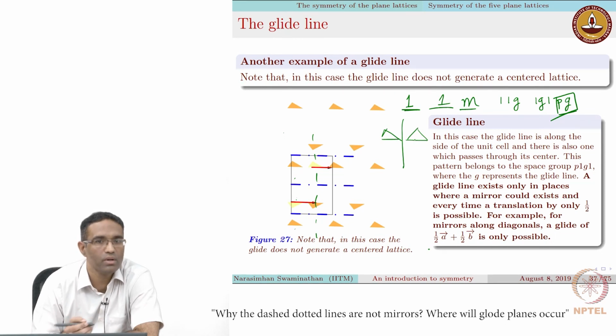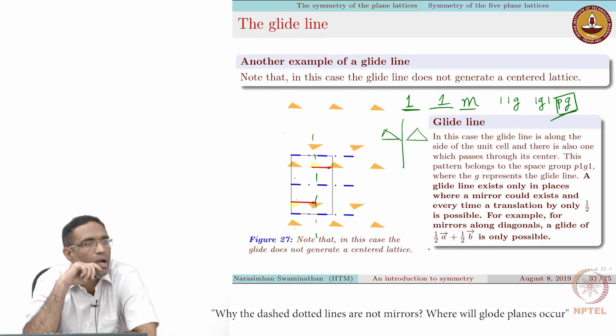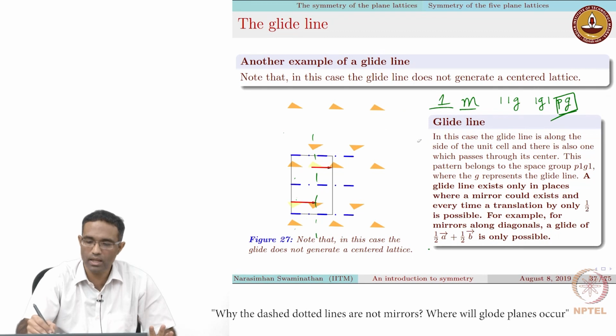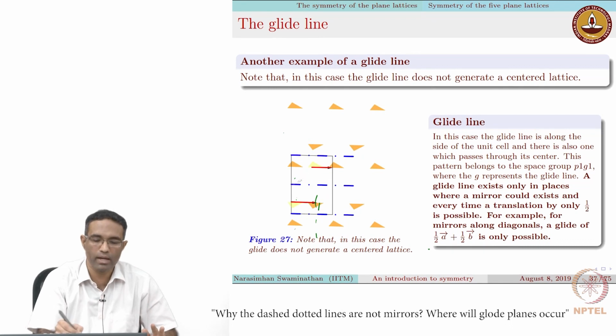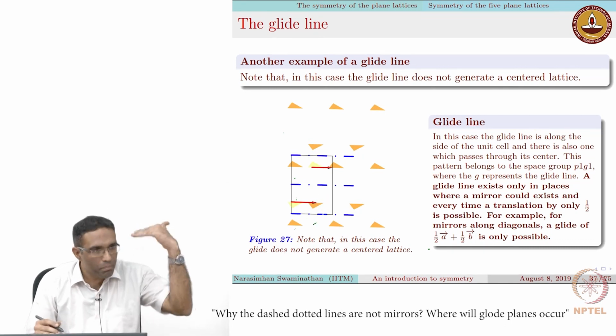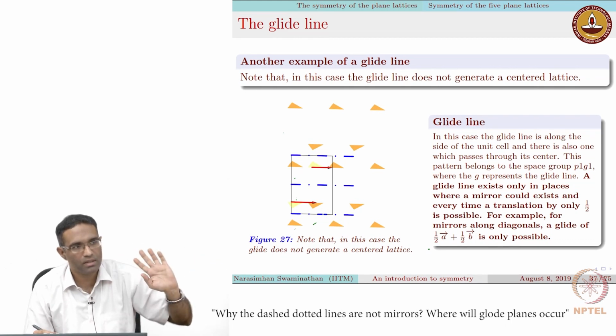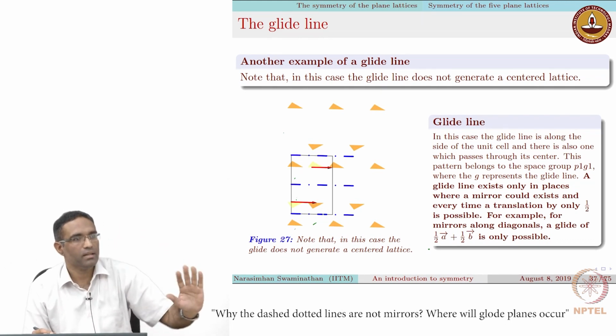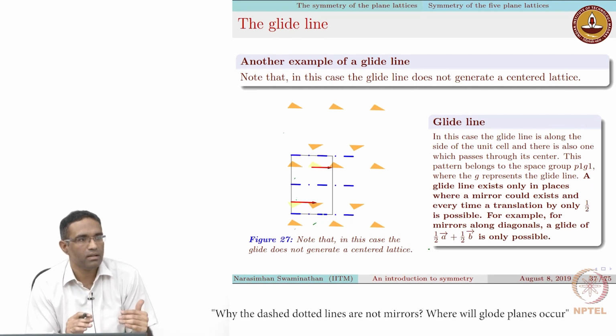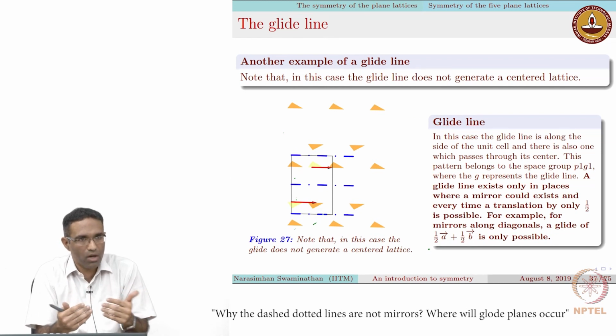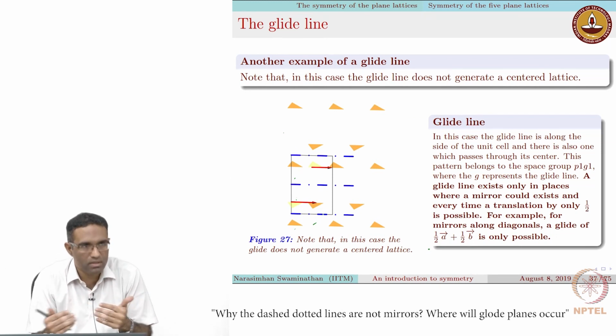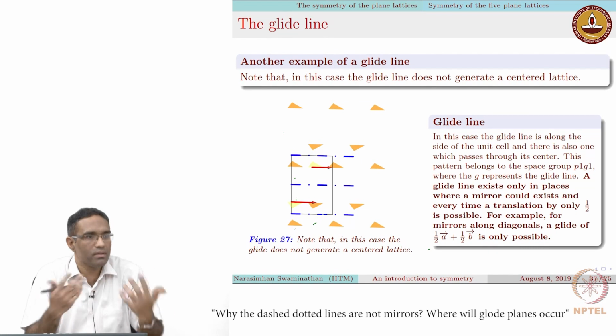Correct. So when we convert the space group to point group, how do you introduce a mirror? Like why do you change that g to an m? That is a good question. The issue is that glide planes can exist only at spots where a mirror exists. That's it. Glide planes exist only where a mirror exists. So we're just removing the translation and keeping them. So you can generate a space group if you knew the point group by replacing all the m's with g's, all or some, depending upon what is available.